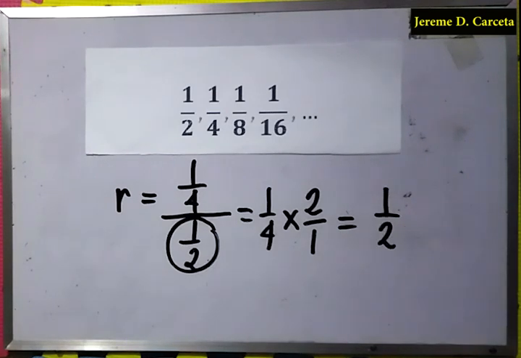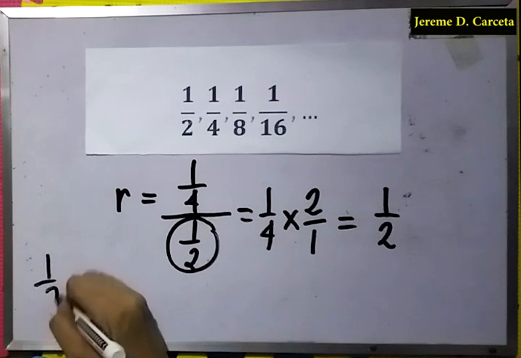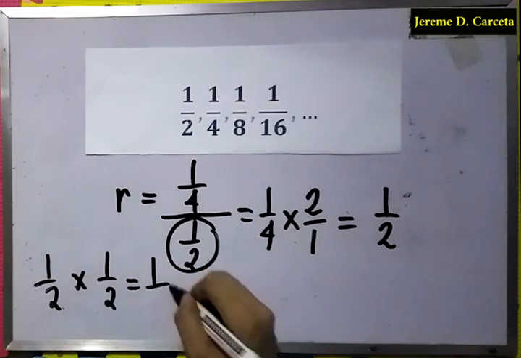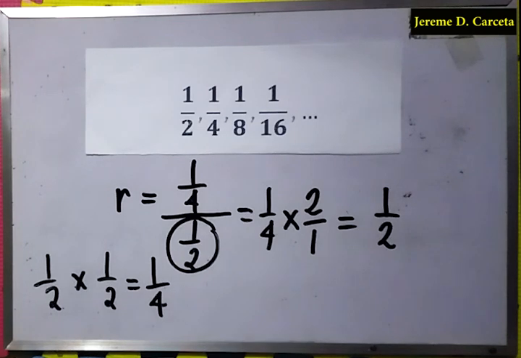Getting the next terms, we have 1/2 times 1/2 is equal to 1/4. Again, if we are going to multiply fractions, we multiply the numerator to the numerator.